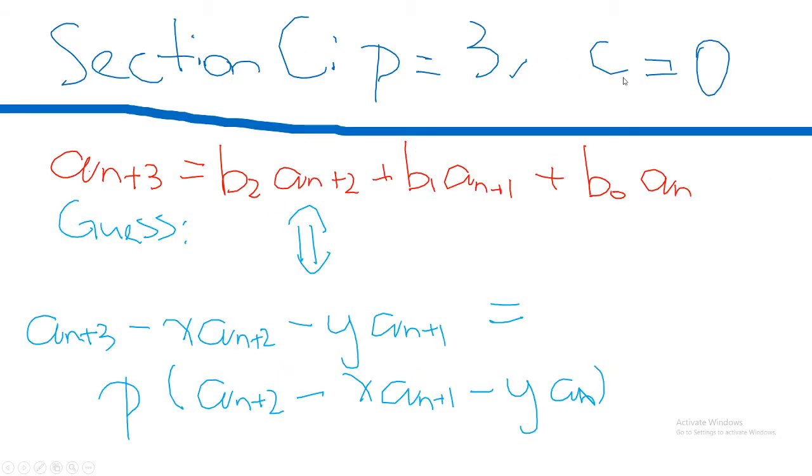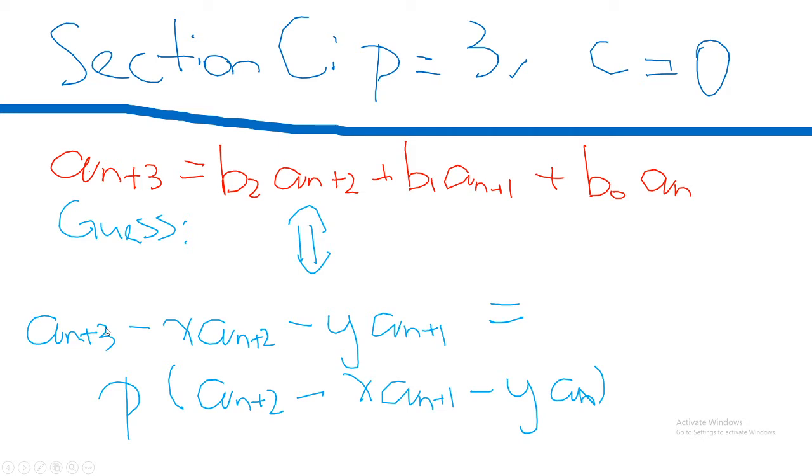So when P is 3 and C is 0, this recursive array is in this presentation. An plus 3 is B2 times An plus 2 plus B1 times An plus 1 plus B0 times An. Our assumption is to make a reasonable guess, or not a guess because this is almost guaranteed to happen.